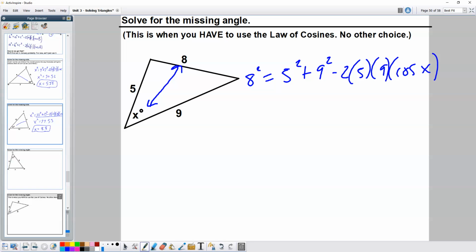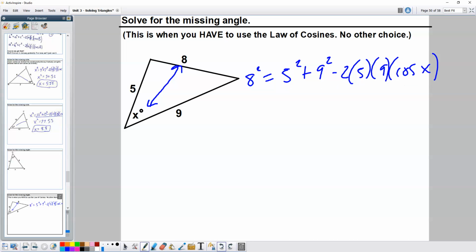Okay. So, one of the biggest mistakes that people make is they try to just multiply all that, throw all that in your calculator and get that times cosine of x. You can't really do that because this and these aren't like terms. This one has a cosine of x at the end of it. Okay.